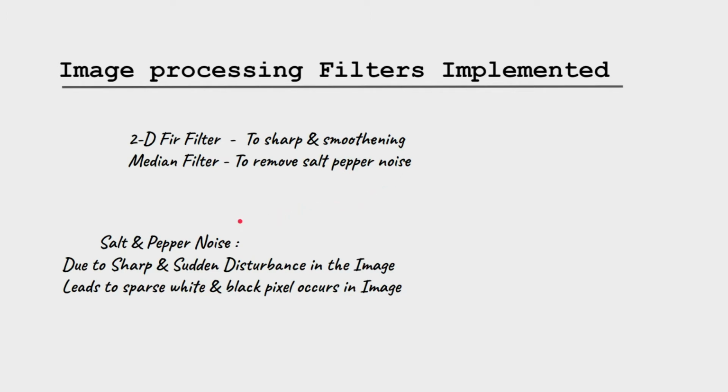A brief idea about salt and pepper noise: due to sharp and sudden disturbance in the image, black and white pixels occur in the image. Thus, the median filter acts to remove this salt and pepper noise, and the 2D FIR filter sharpens and smooths the images.